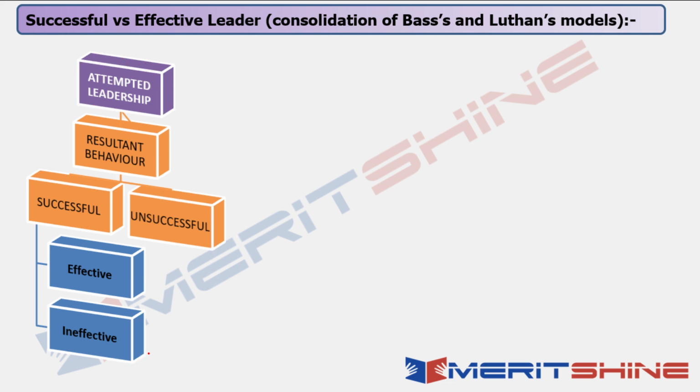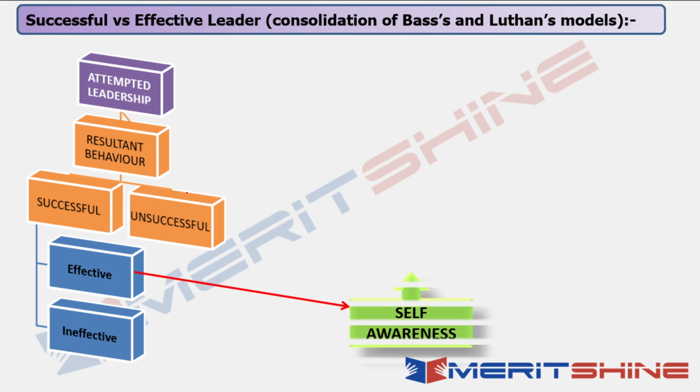If you have studied this diagram with me, you would know that a successful leader is not always an effective leader. But what is the background to it, I'll tell you in a moment. With this, I will relate a very relevant, contemporary, modern concept, which is also specifically a part of this year's course syllabus, and that is Goleman's EQ.